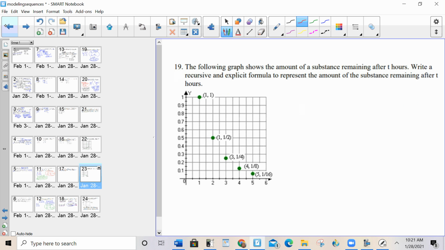I'm just going to do this one graph with you here. If you're looking at that in terms of a sequence, you're looking at it in terms of the y values.